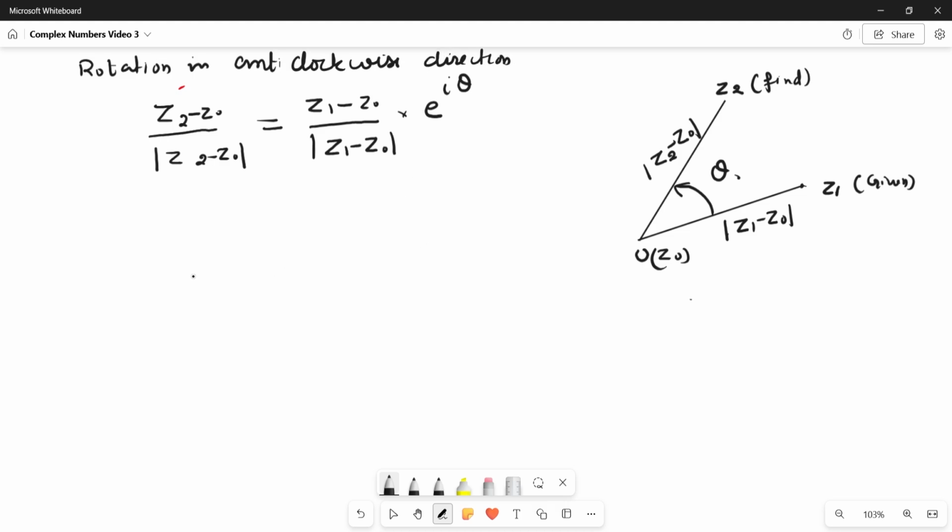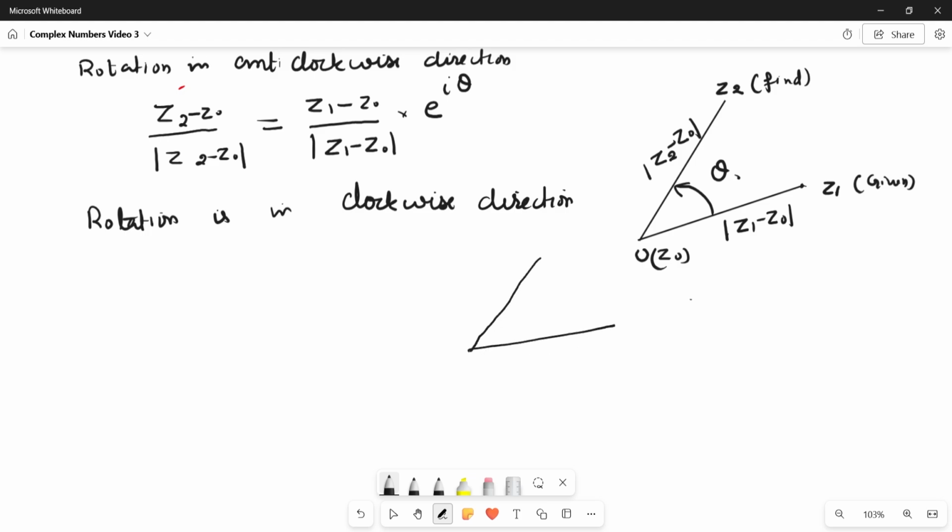Suppose rotation is in clockwise direction. Means this rotation is like this.